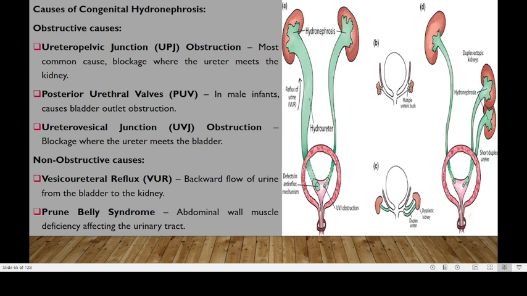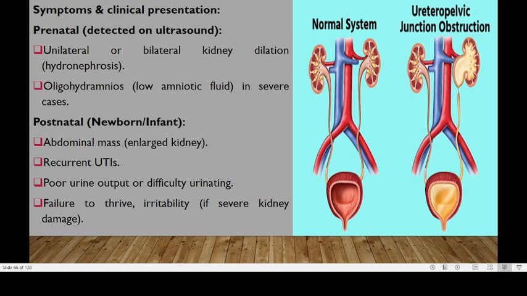Ureterovesical junction, this one is a blockage where the ureter meets the bladder. When looking at the non-obstructive causes, we have VUR, vesicoureteral reflux disease, characterized by backflow of urine from the bladder back to the kidney, or Prune-Belly syndrome, that's abnormal or absent abdominal wall muscle deficiency affecting the urinary tract.